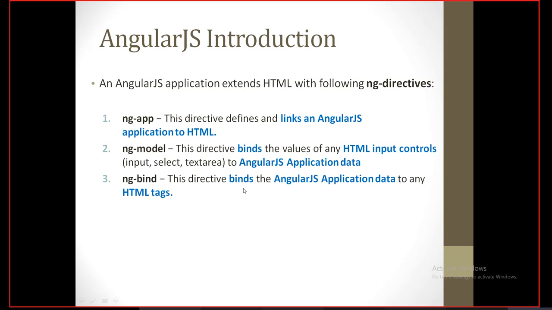So whatever values we have grabbed in those application variables, we need to display them, and for that we need to bind those data values with the HTML tag. Now, how do we bind those values? By using the ng-bind directive. Understood? It's as simple as that. We'll see an example and things will be more clear.